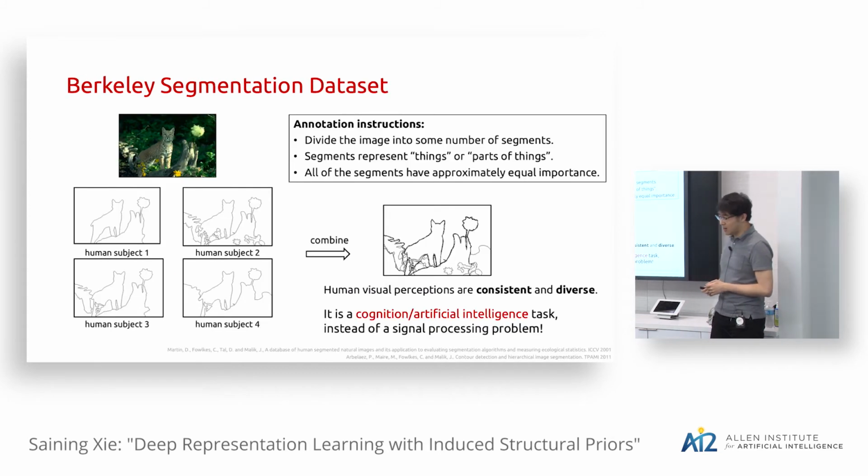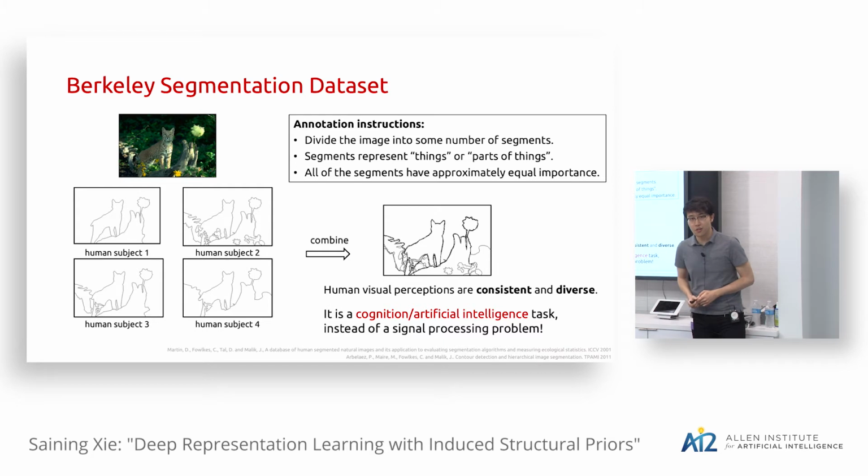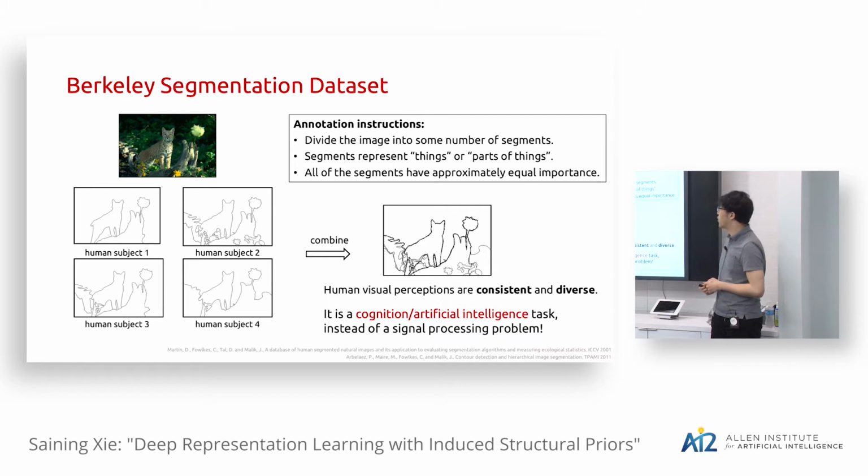All right, so let's take a closer look at the BSDS dataset here. Every image is labeled by multiple human subjects. What's interesting here is that the annotation instruction is deliberately weak, such as dividing the image into some number of segments, where segments represent things or parts of things, and all of the segments have approximately equal importance, something like that.